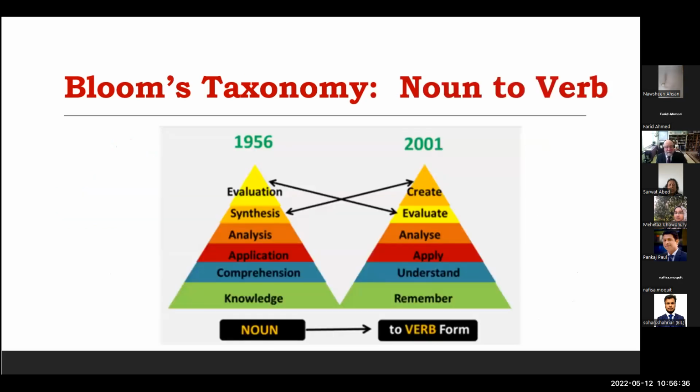And by the way, as I mentioned, in 1956 they tended to have nouns like knowledge, comprehension, application, analysis, synthesis, evaluation. In the 2000s, they've decided to change them into verb form. So we have remember, understand, apply, analyze, evaluate, and create. Again, I think part of that ethos is that we want engagement and activity.